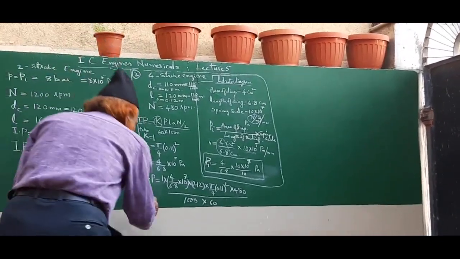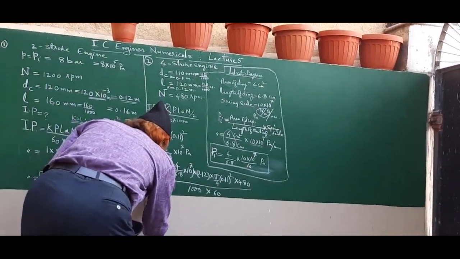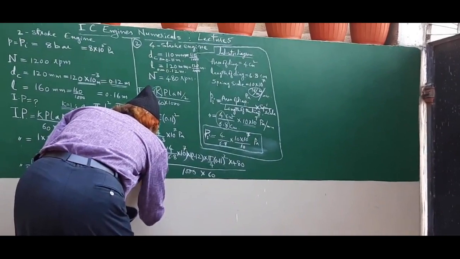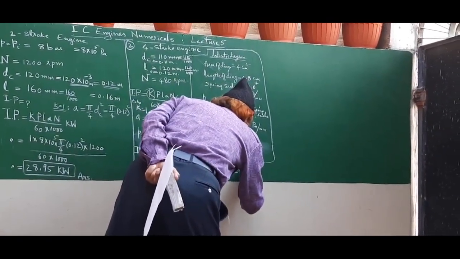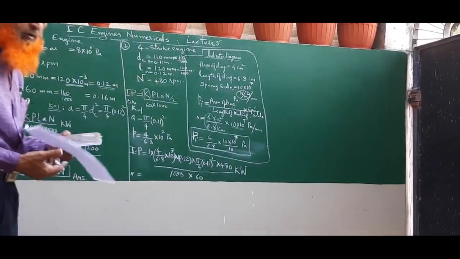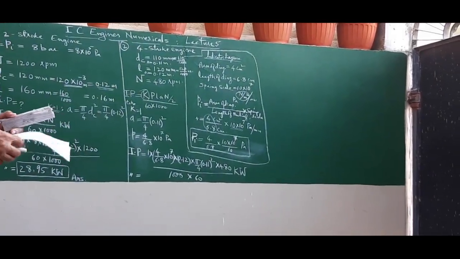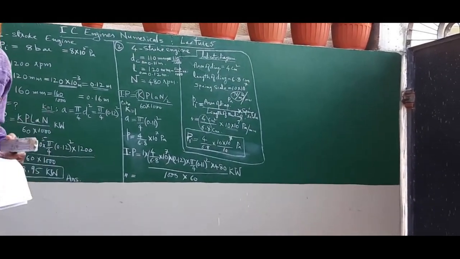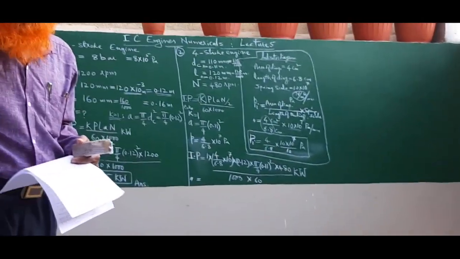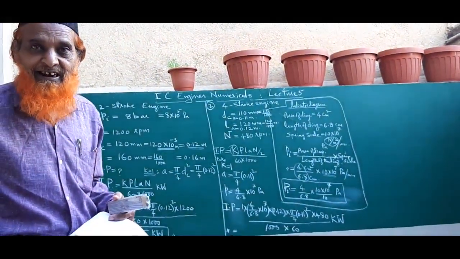Therefore the answer you are getting is, make the calculation immediately. How many kilowatts are you getting? Tell me the kilowatts. Fast. Our children do calculations very fast. How much? 2.68 kilowatt.